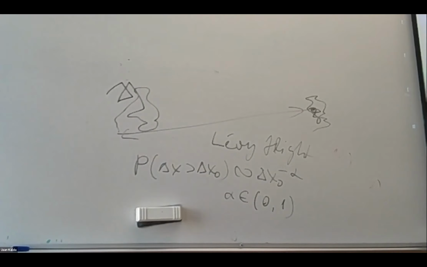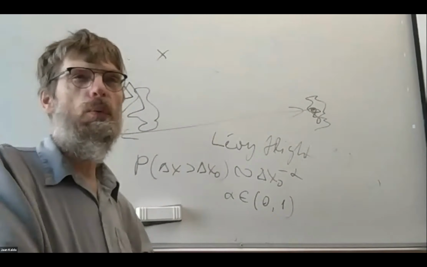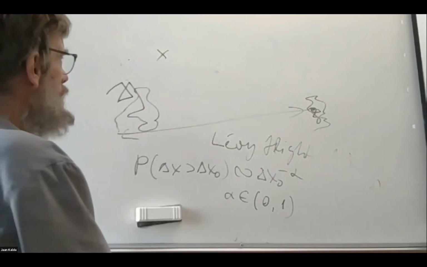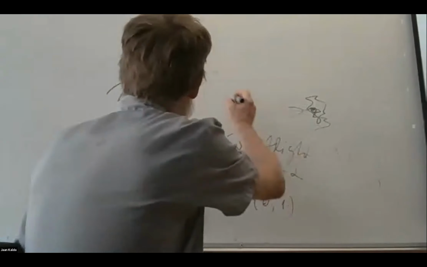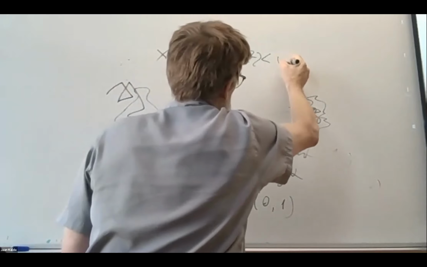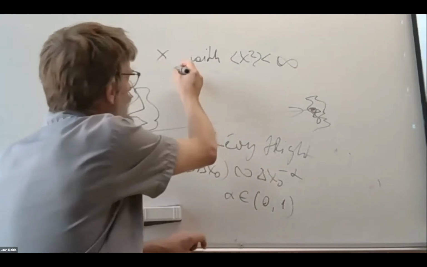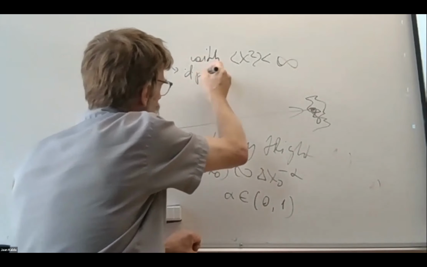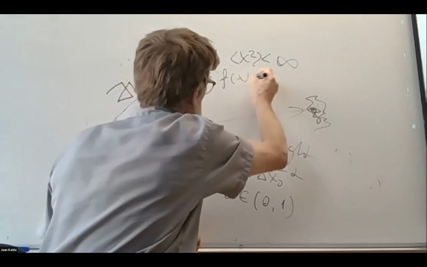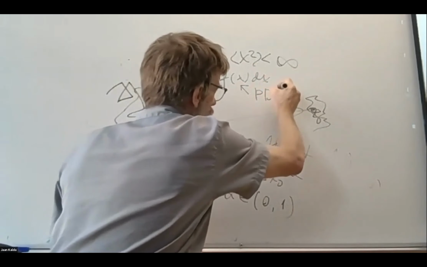So yes, the central limit theorem states that if you have a random quantity x which has whichever distribution, but the second moment of it is finite, with the average of x squared smaller than infinity, and you have a certain distribution function f(x) dx, so f is your PDF.